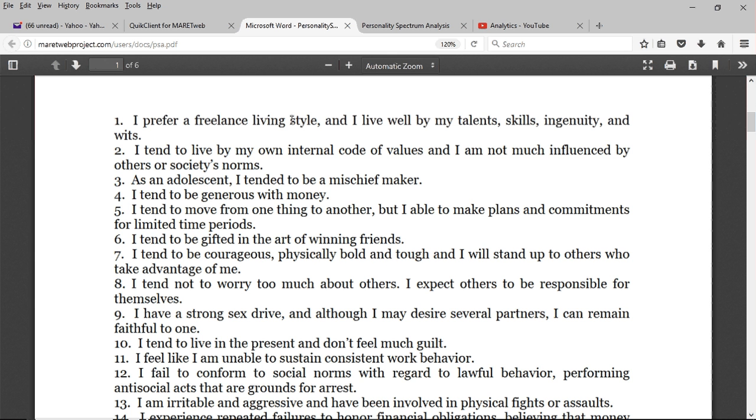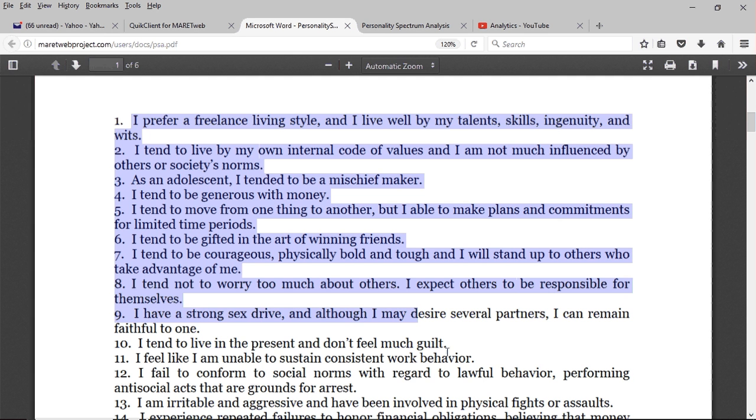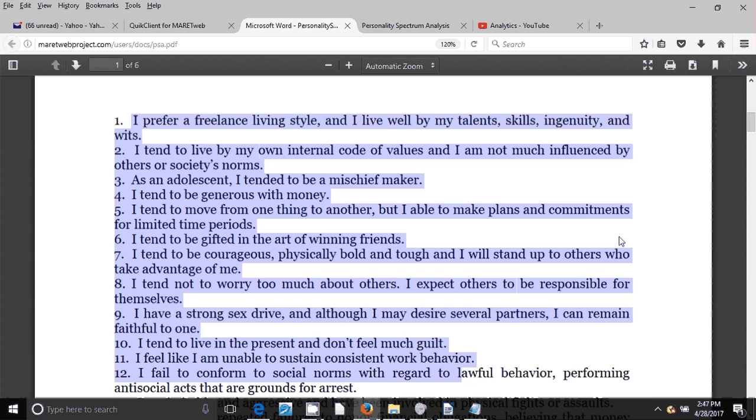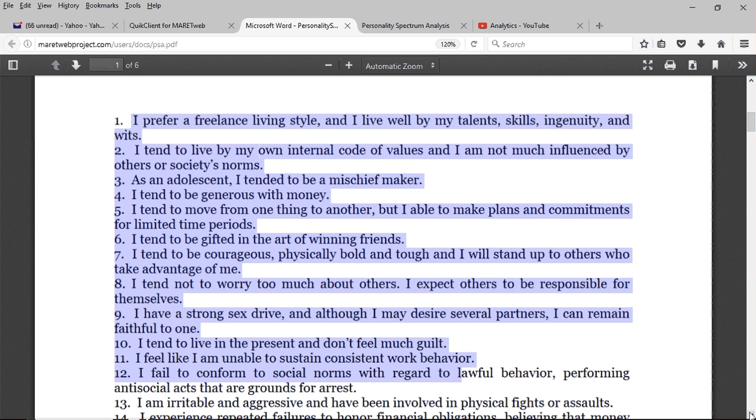I score in one area, and it's an optimal functioning score. Almost everyone will have some personality skew. The first 11 items, again, are optimal functioning antisocial items. The next 11 items are disordered.